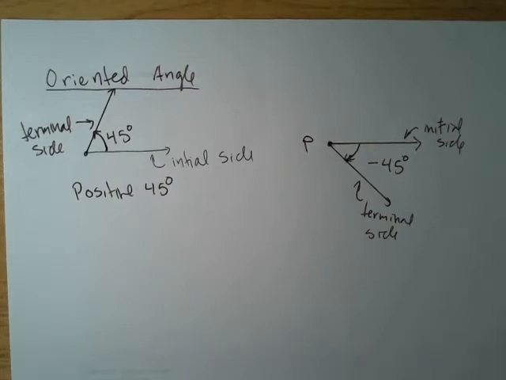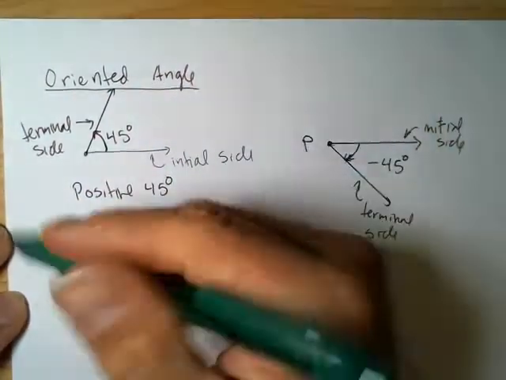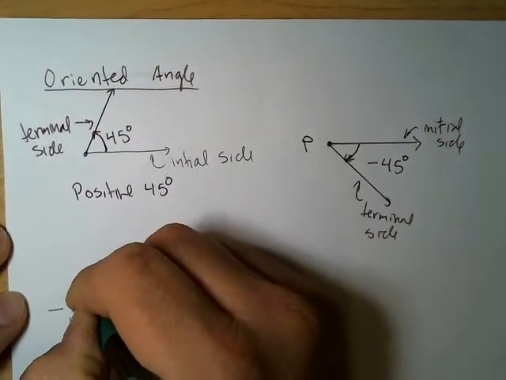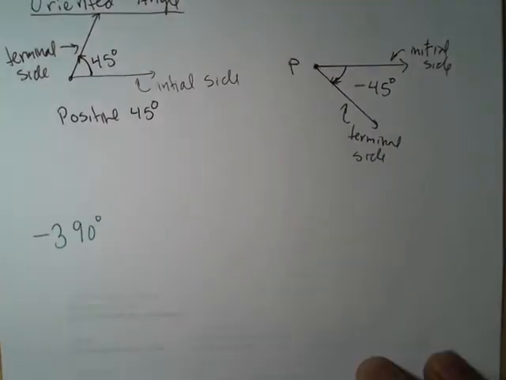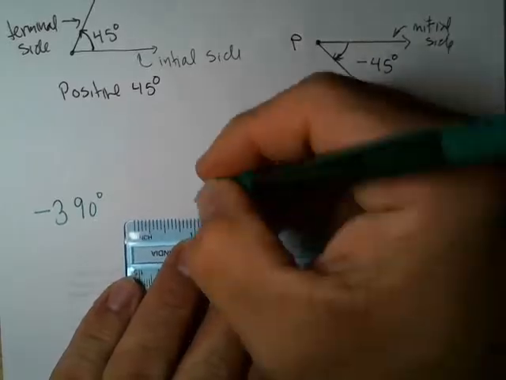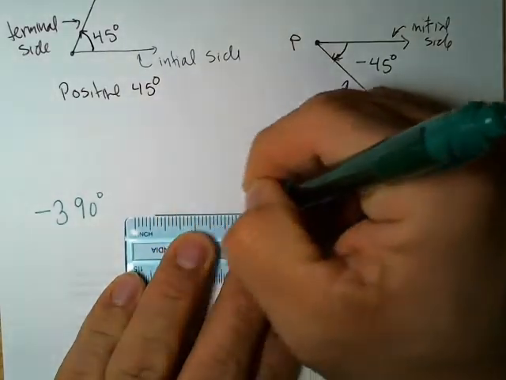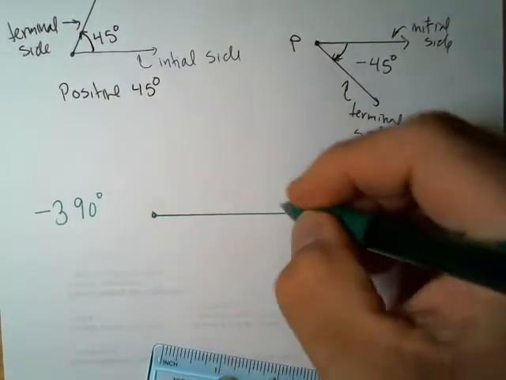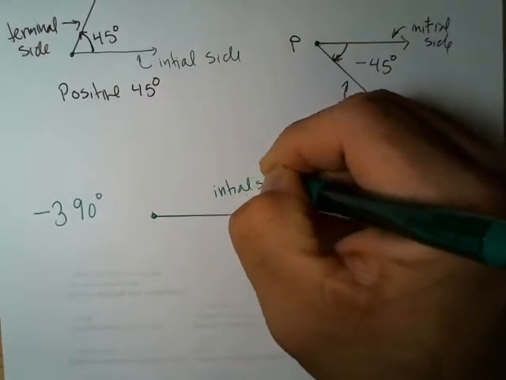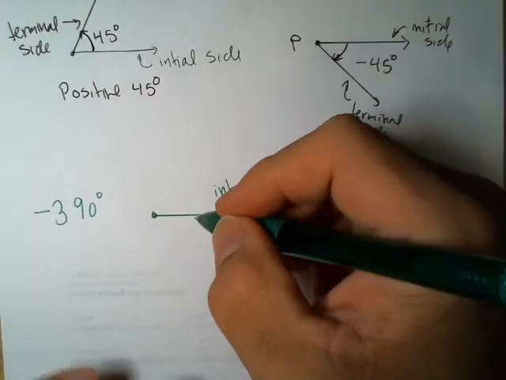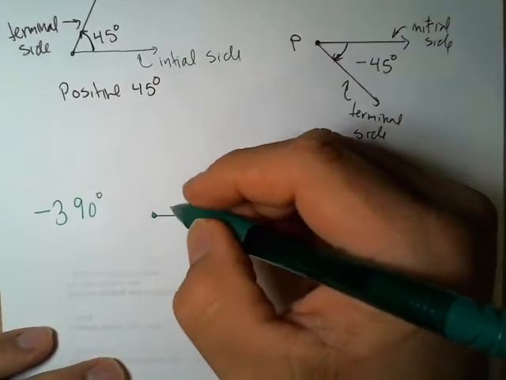So what would an angle of negative 390 degrees look like? Let's draw the initial side. The negative says that it goes clockwise.